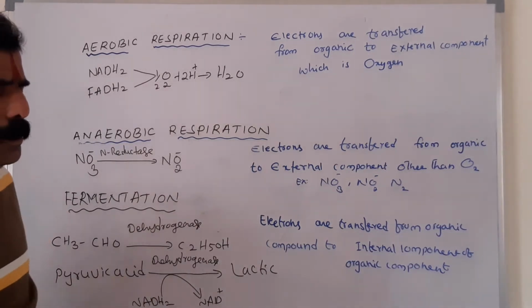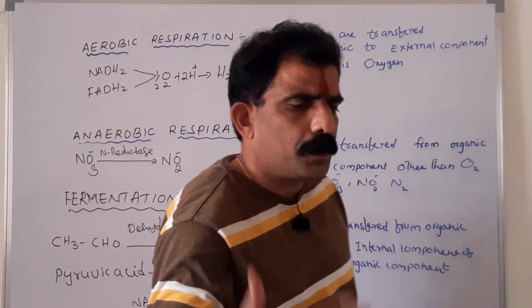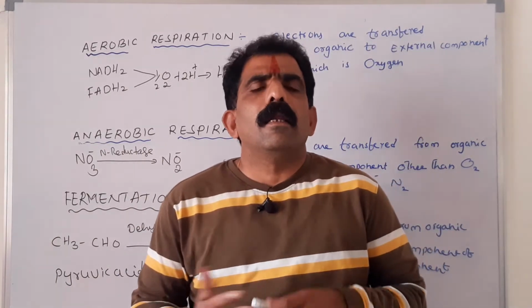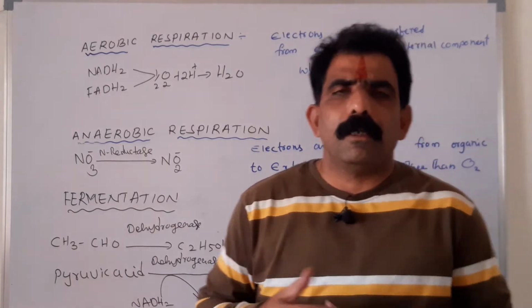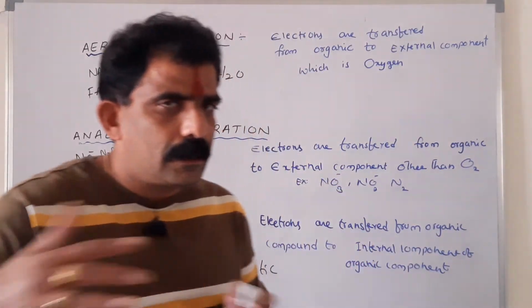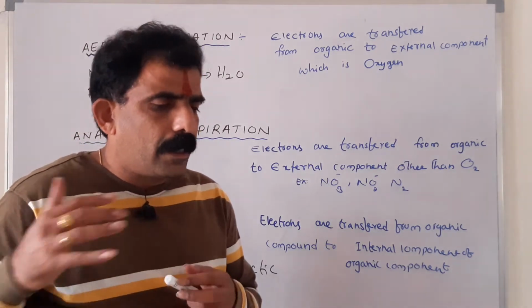In aerobic respiration, glucose is converted to pyruvic acid in glycolysis. Later, that is converted to acetyl coenzyme A in the connecting link reaction. And finally, the acetyl coenzyme A is converted to carbon dioxide.